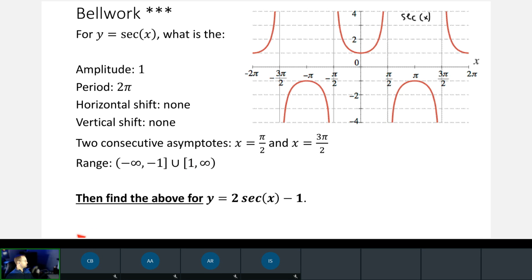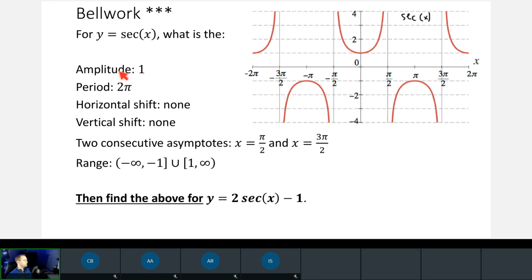And then I asked you to do the same thing for this graph. And of course, graphing it in GeoGebra is going to be very, very helpful. But right off the bat, without graphing it, you should be able to pick out pretty much everything. The range may not be as easy to pick out without seeing it on a graph, but it's still definitely possible if you understand the range is really based off your vertical shift and your amplitude.